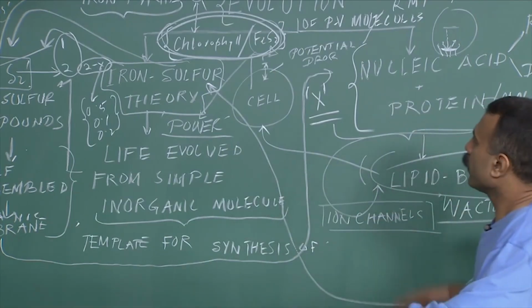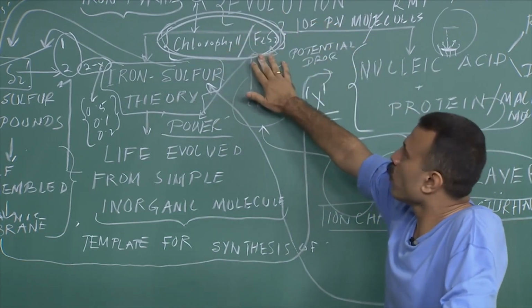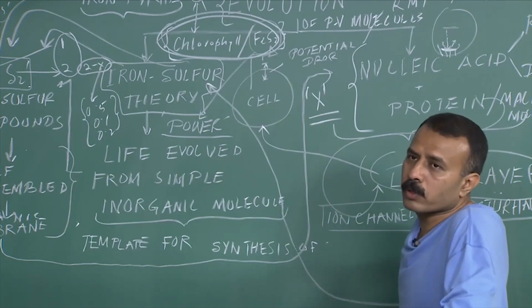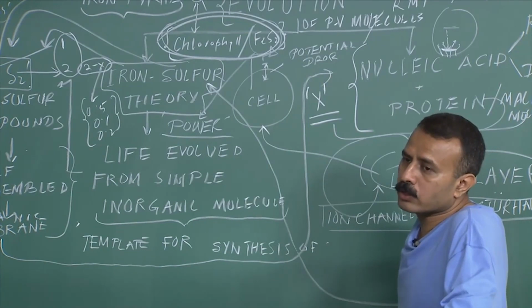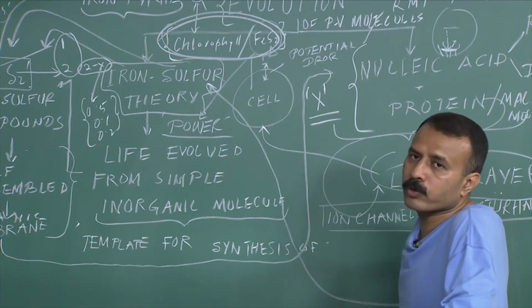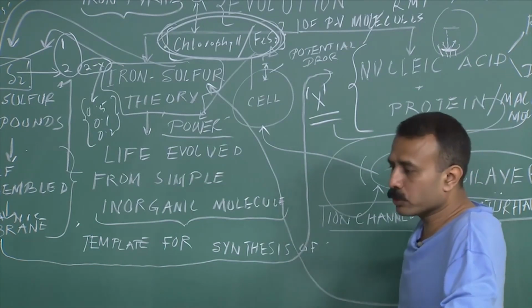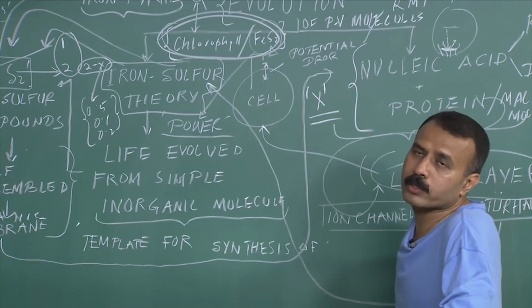Okay? And just like chlorophyll, FeS2 also has the ability to transform solar energy. So, could these molecules, which are biologically benign and not going to create pollution, be the answer for tomorrow's energy requirement?